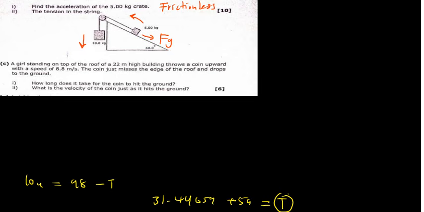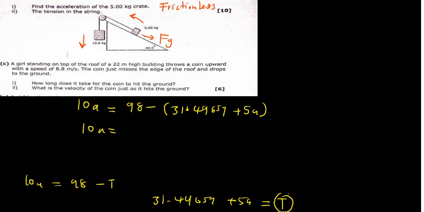So that is going to be 10a is equal to 98 minus, where there is tension, 31.49659 plus 5a. We'll distribute the negative, so that will be 10a is equal to 98 minus 31.49659, and then minus 5a.